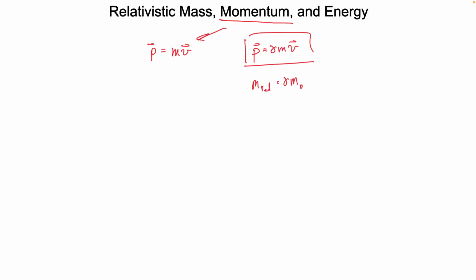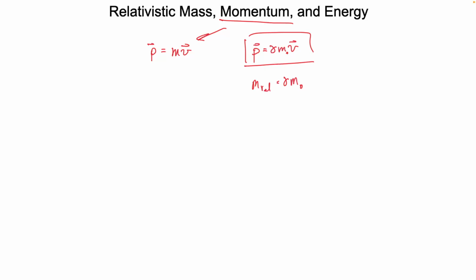Where does mass show up in physics? In Newton's laws? In energy? In momentum? Yes? So is the relative mass what goes in? So if I was being symbolically careful, this would have been gamma m naught.